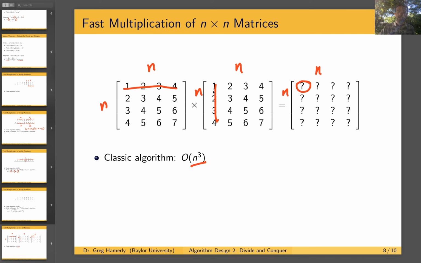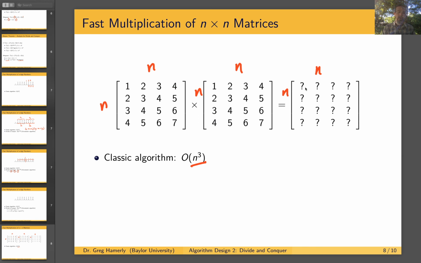And this row and this column, that's 1 times 1 plus 2 times 2 plus 3 times 3 plus 4 times 4. That's an order n operation. So each one of these elements cost me order n, and there are n squared of them. So clearly that's an n cubed operation.